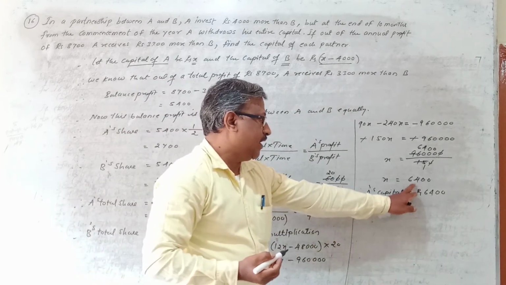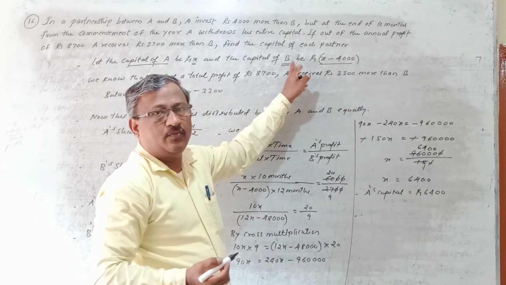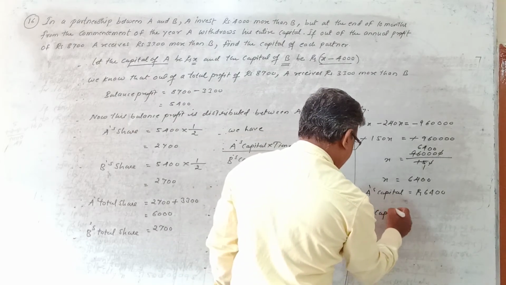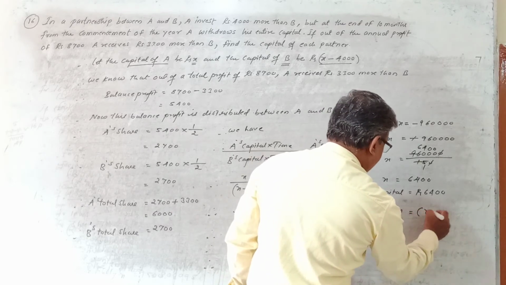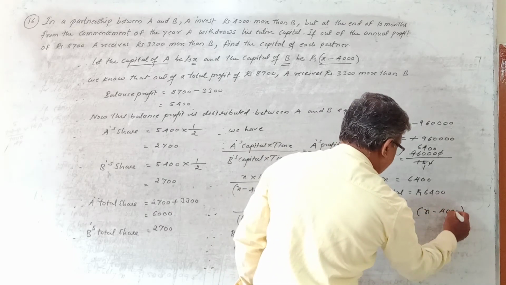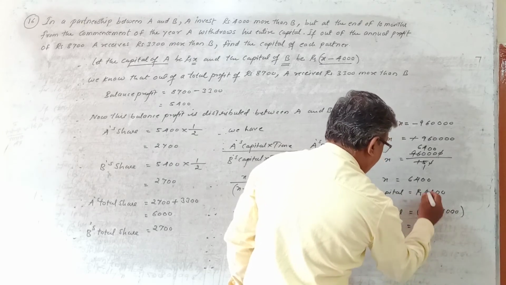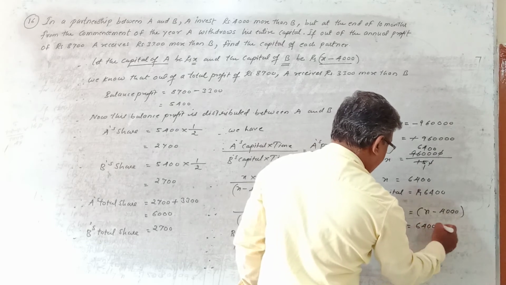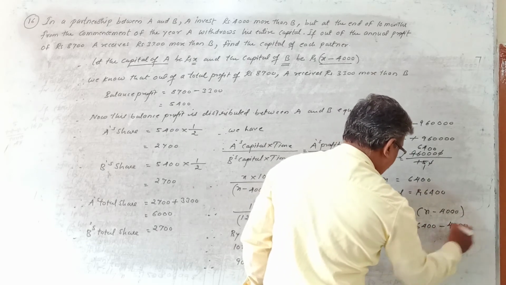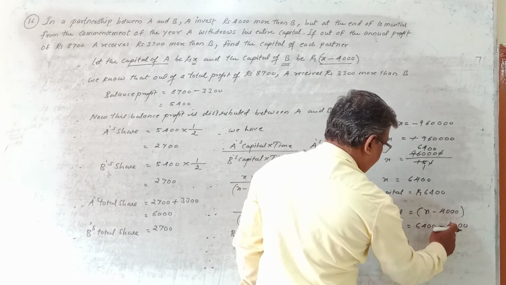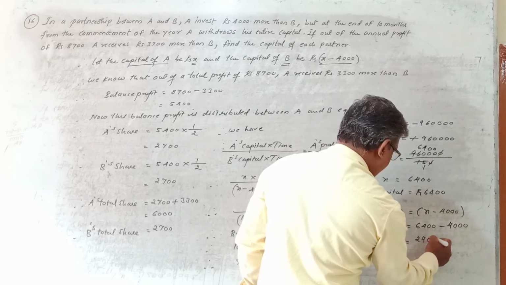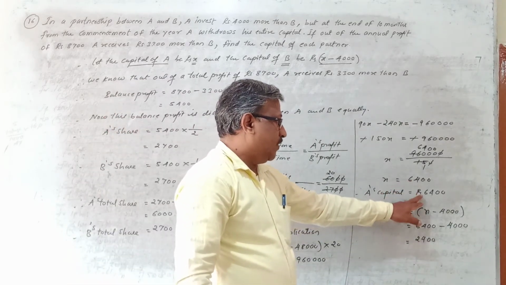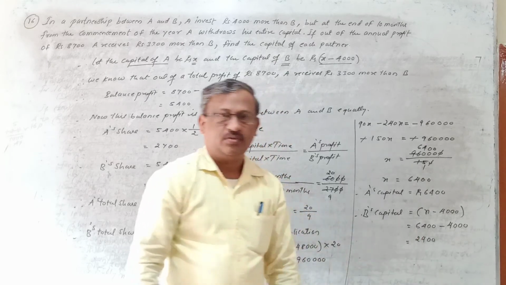From this x value, if you subtract 4,000, we get B's capital. So B's capital is 6,400 minus 4,000, which is 2,400. So A's capital is 6,400 and B's capital is 2,400.